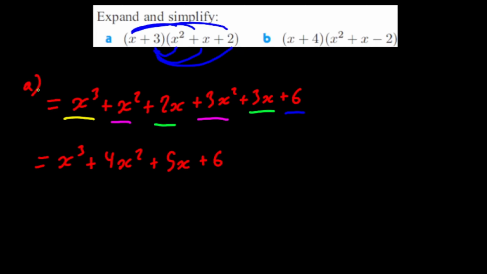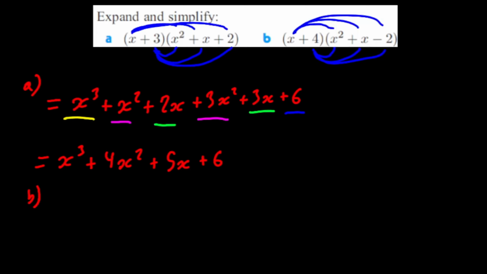Now for B, we have x plus 4 into x squared plus x minus 2. So we first expand x times x squared, x times x, then x times negative 2, then 4 times x squared, 4 times x, and 4 times negative 2.